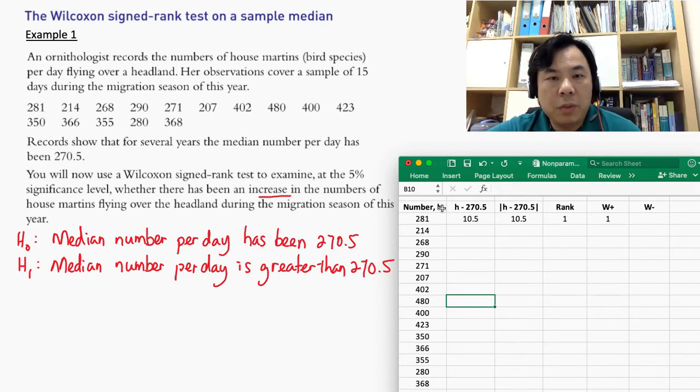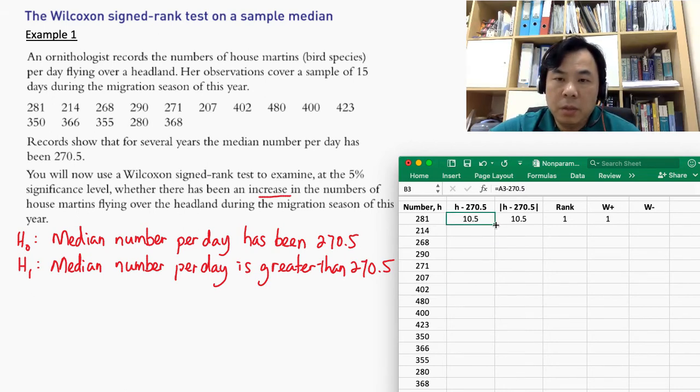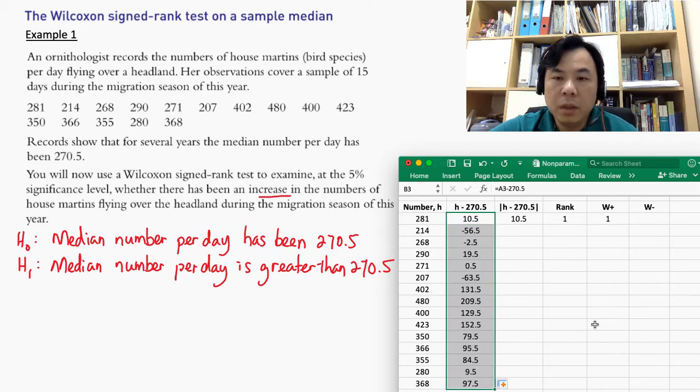Okay, so H represents the number of house martins flying over the headland per day. So we are going to calculate the deviation relative to the median 270.5 there. From here you can obtain all the deviations, for instance. All right, shouldn't be a problem.